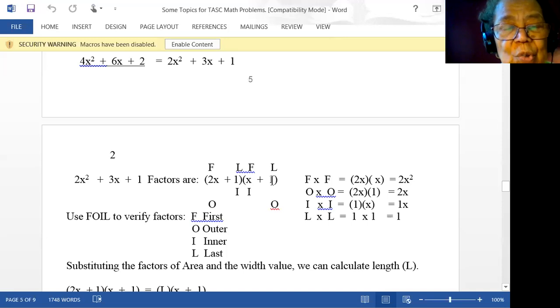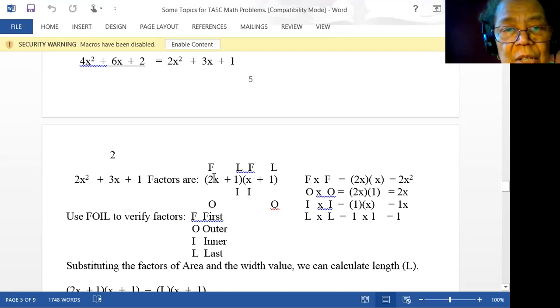Now, suppose you want to check them. You can use what we call FOIL. F is the first, O is the outer, I is the inner, and L is the last. Now let's look at what we have here.